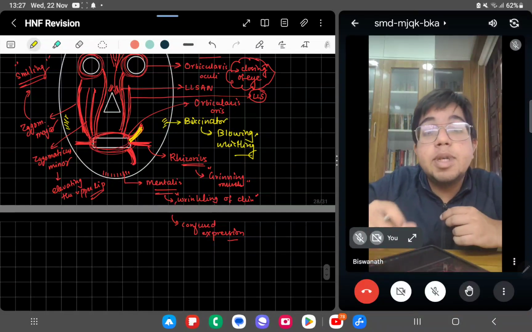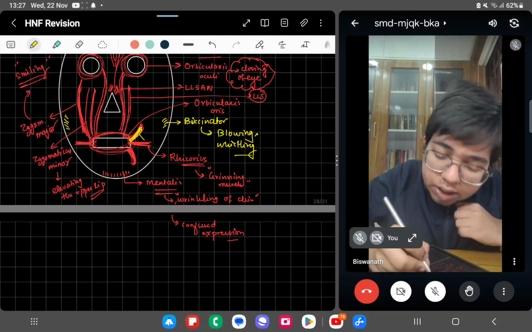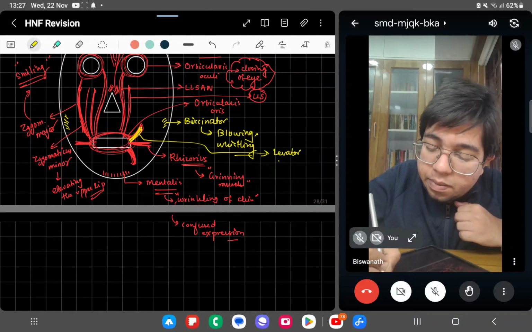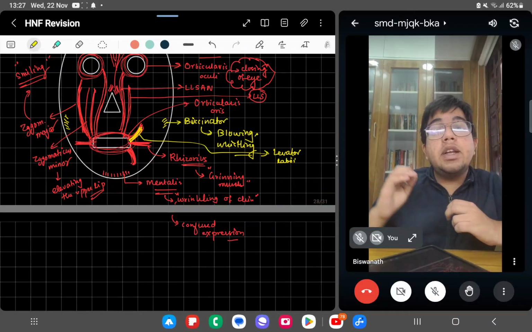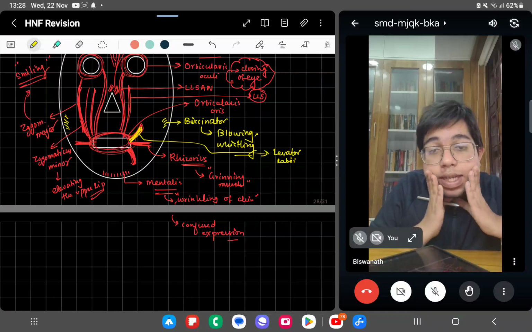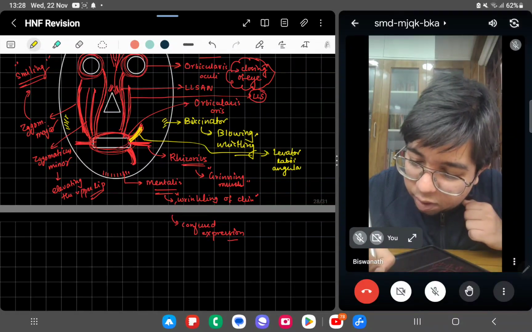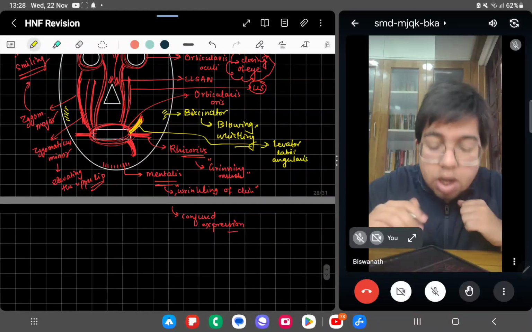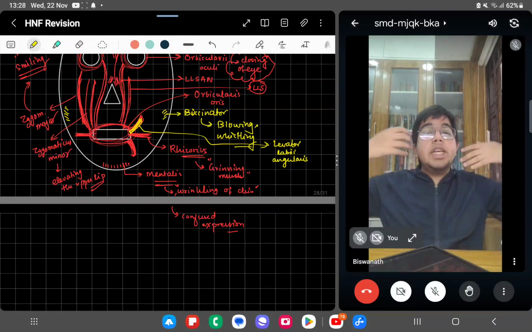This muscle is called a levator labii angularis, that is angular in structure. Understood? You can just imagine it is present beneath your zygomaticus muscles.